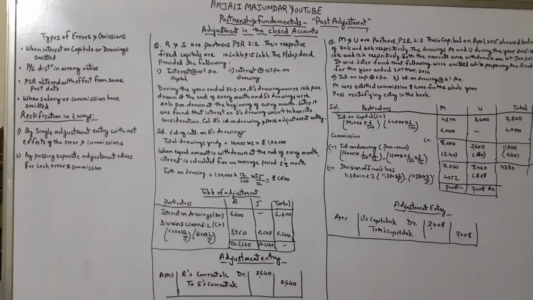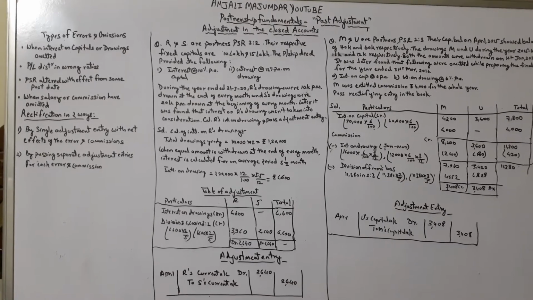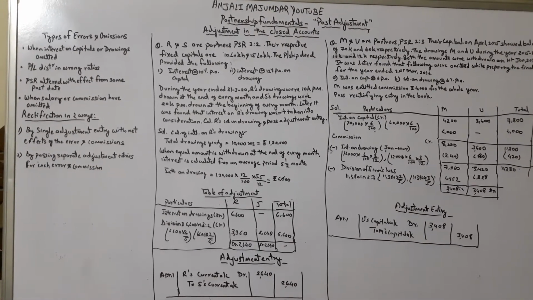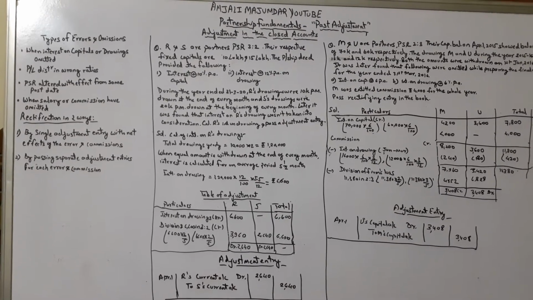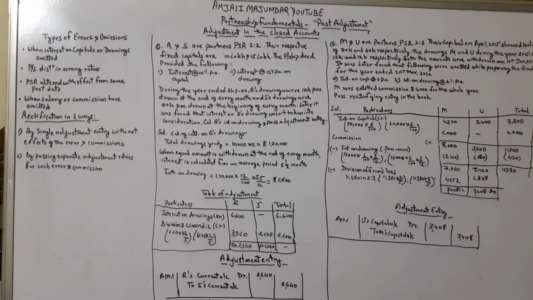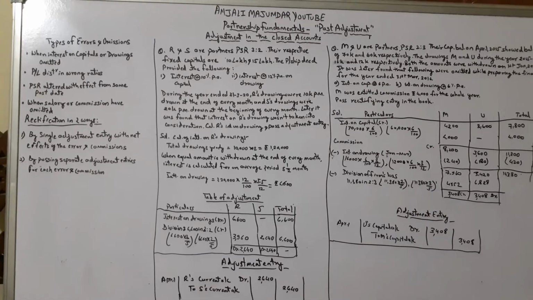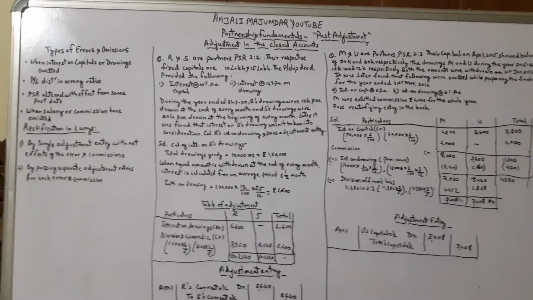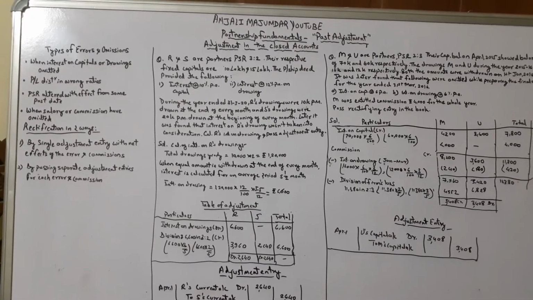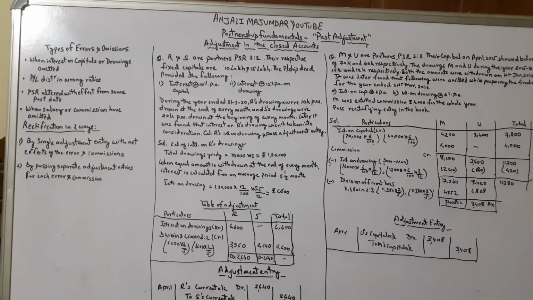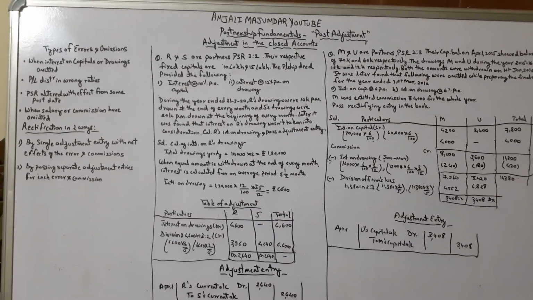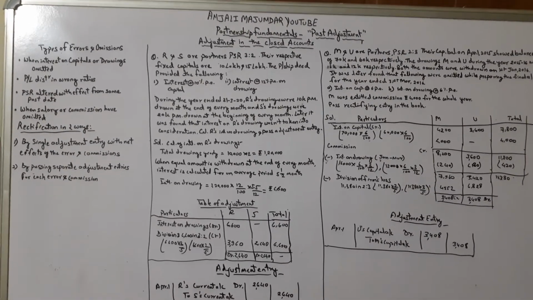R's drawings were drawn at the end of every month, and S's drawings were 20,000 per month, drawn at the beginning of every month. Later it was found that interest on R's drawings wasn't taken into consideration. So the problem here is that after closing of accounts, with the books of accounts completed, it was found that R's drawings were not taken into consideration. Whosoever's mistake has been made, we should focus on that.